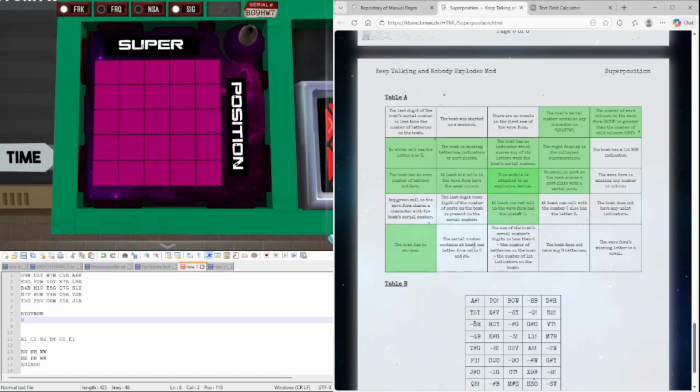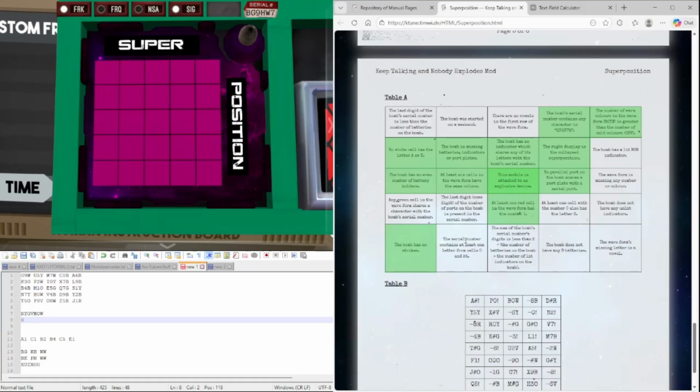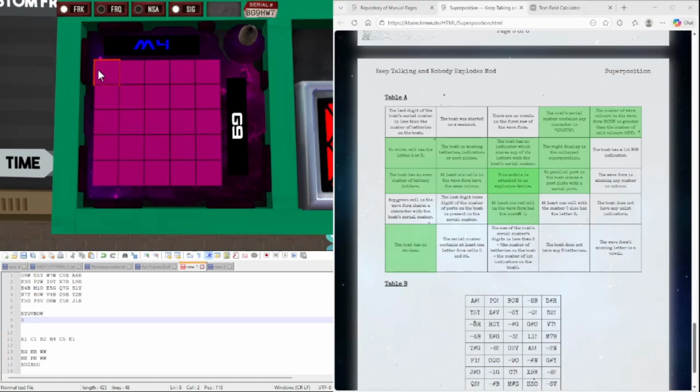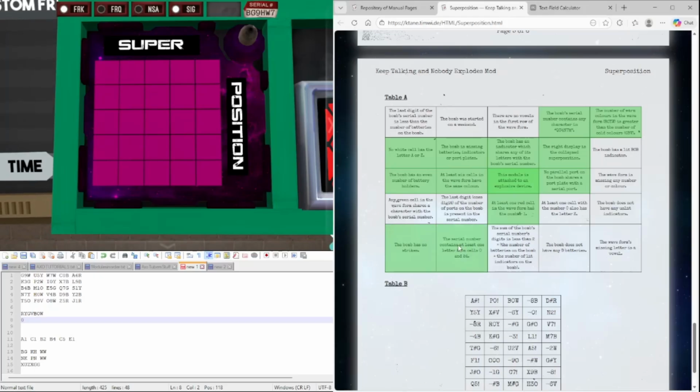Serial number contains at least one letter in cells 0 and 24. G, yes.